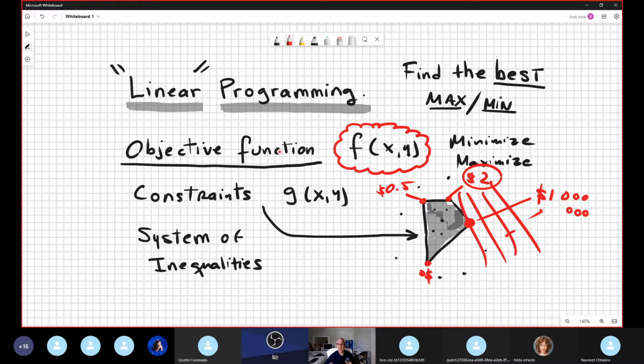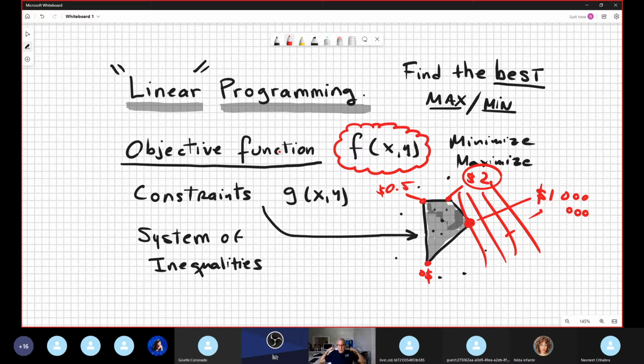The problem is que any optimization problem contains 2 pieces: the objective function, que es the function that you want to optimize, and the constraints, depending on the problem. The constraints are used, first of all, to solve the system of inequalities, and you get the feasible region, one area in the XY plane.